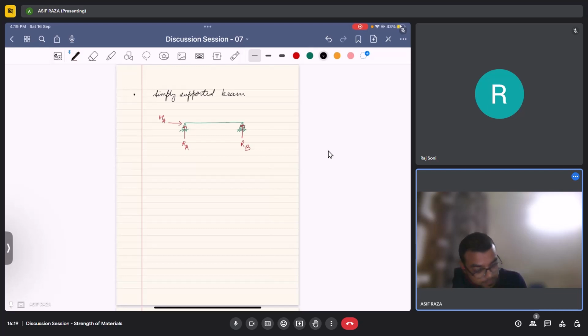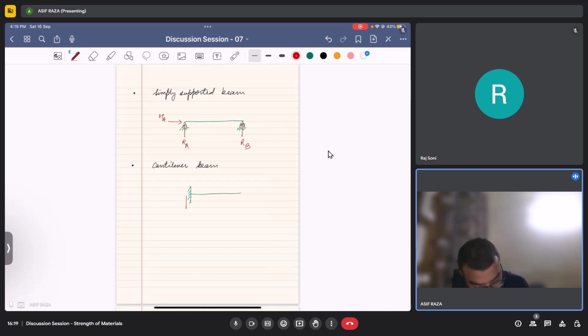The second one is the cantilever beam. Let me draw this. In this, the reactions would be RA, HA, and a moment MA.